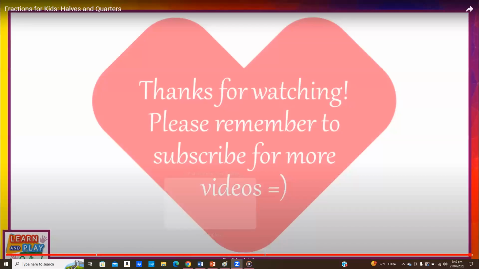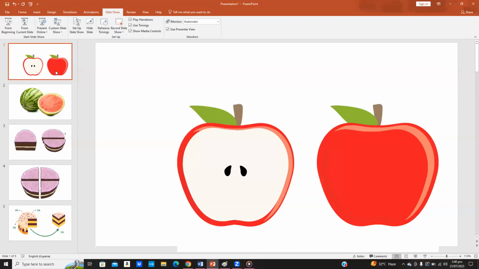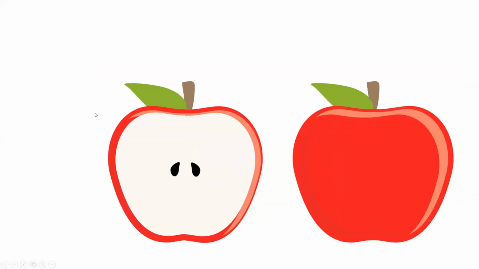Not as yet, Miss. Okay, 1 minute. Good. Let's look at the picture. What do you see in the picture here? Apples. Good. How many pieces do you see?